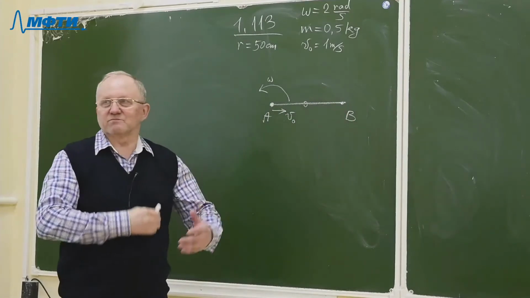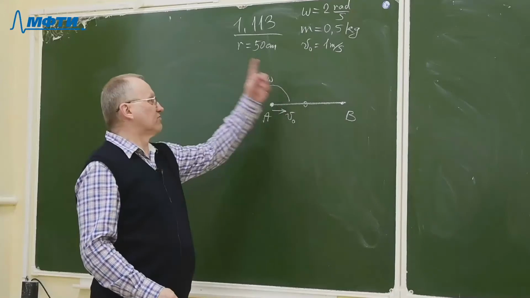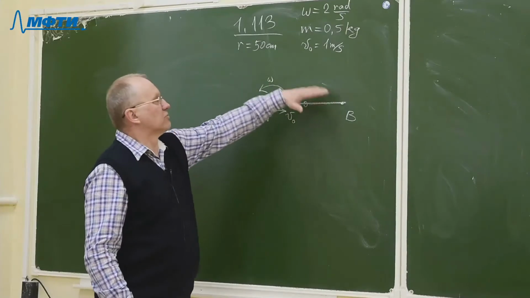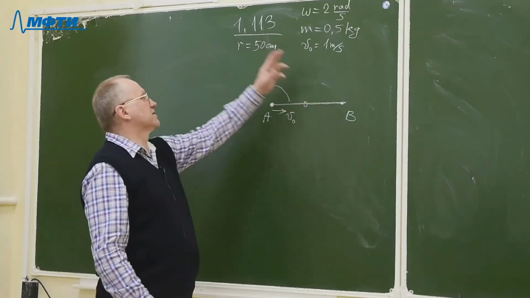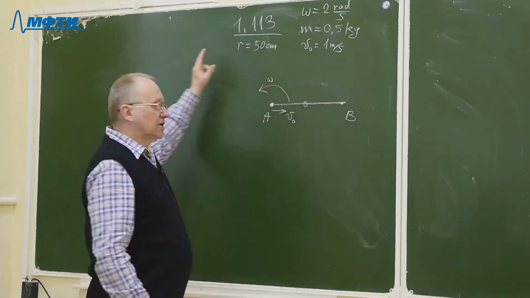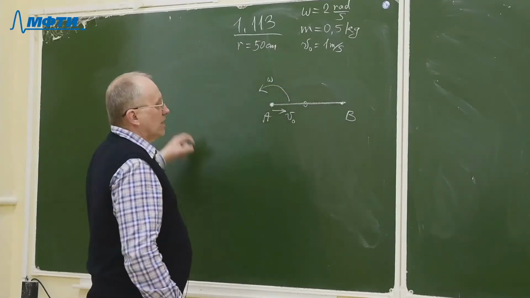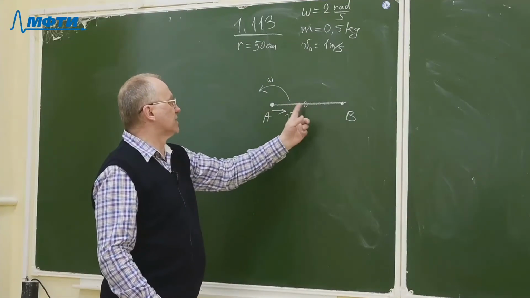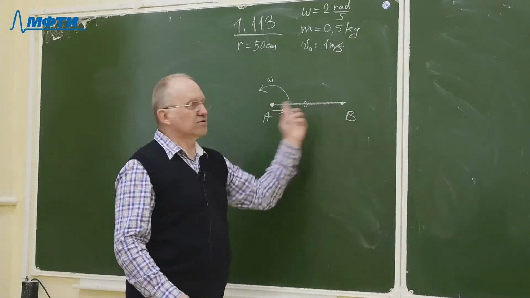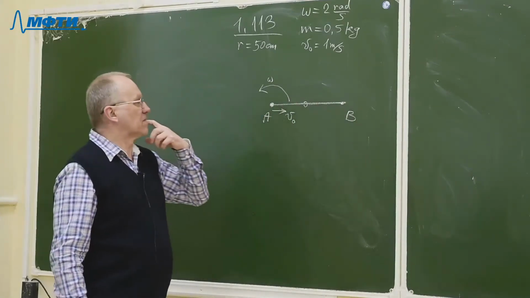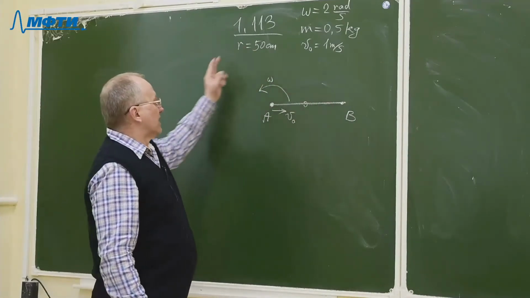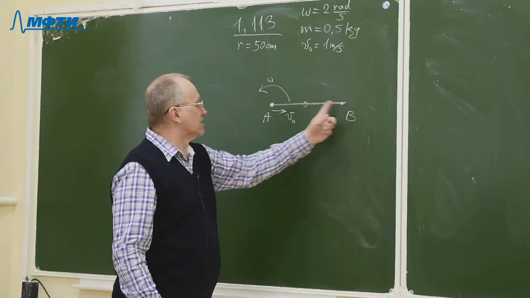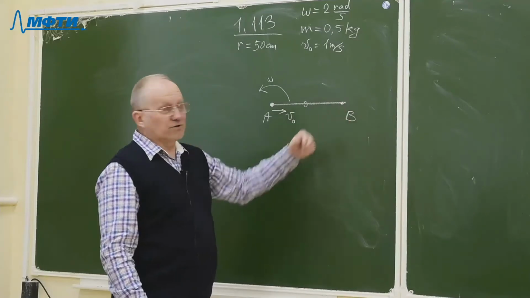There is some mechanism which provides for rotation, which ensures that this rod rotates at constant angular velocity, regardless of whatever happens with the ring which slides along the rod. It rotates at constant angular velocity, and the ring slides along the rod without friction.